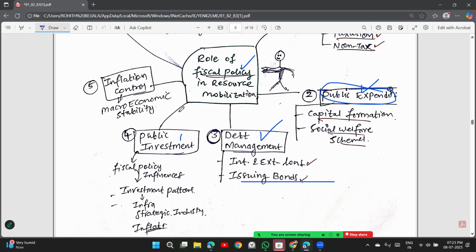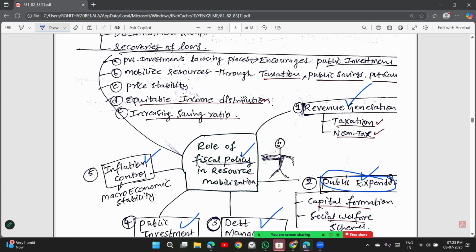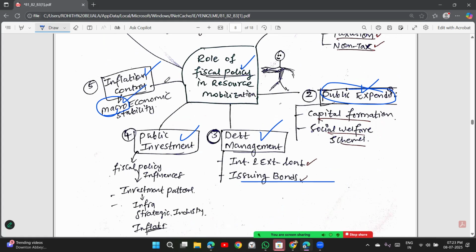That is public investments, and also the fiscal policy will control inflation. The government of India's revenue department will take care of inflation control by collaborating. I mean, both the RBI and the finance ministry have control over inflation. They will target the inflation, which is called inflation targeting. So that is for macroeconomic stability.